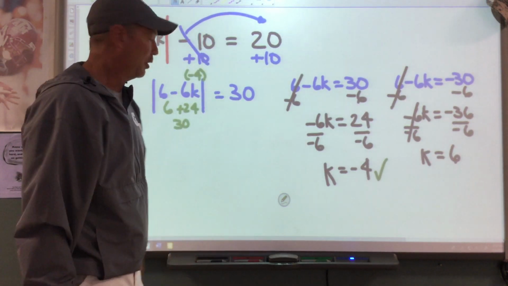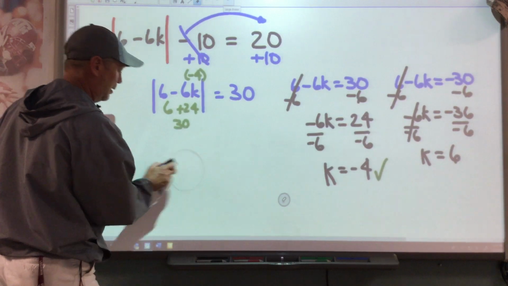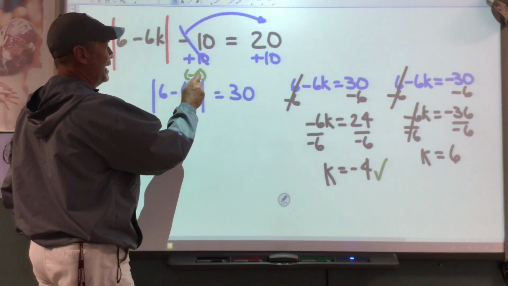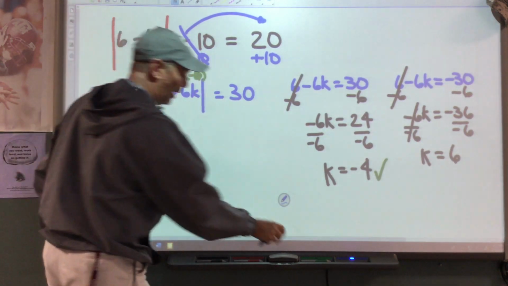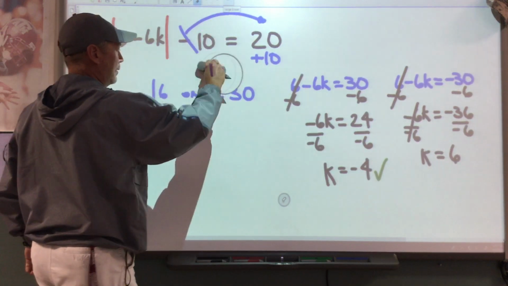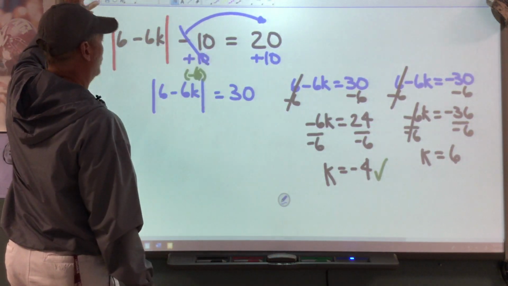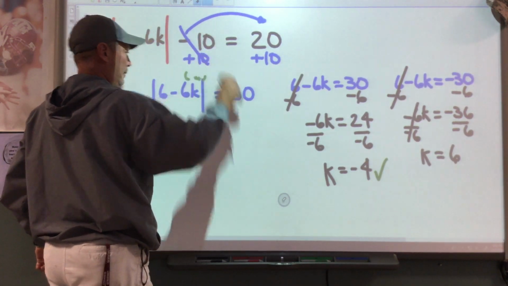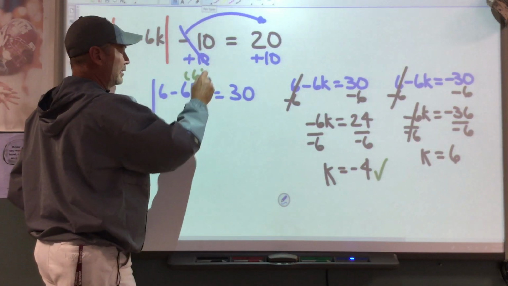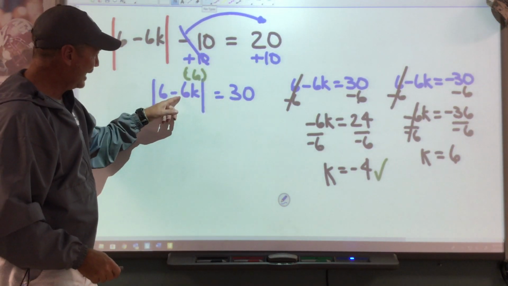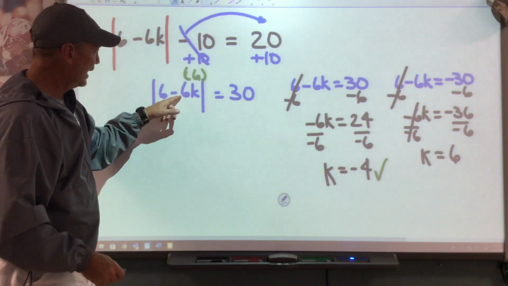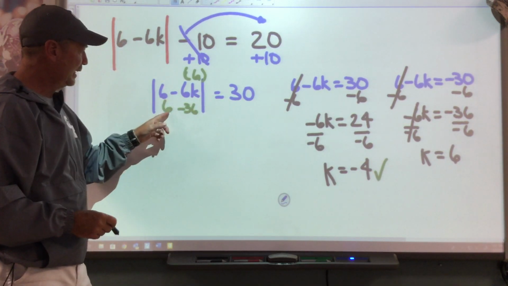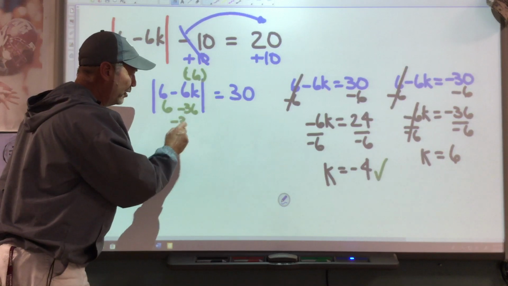We're going to check and see if this works. So when I substitute in a positive 6, negative 6 times 6 is a negative 36. 6 minus 36 is a negative 30.